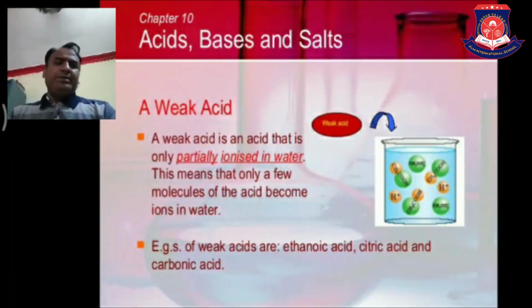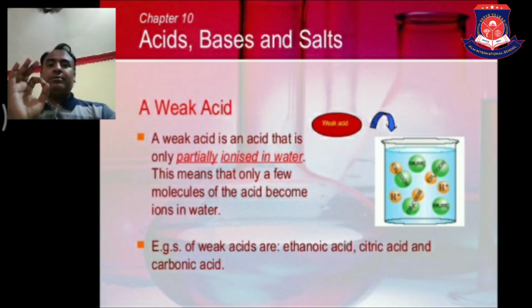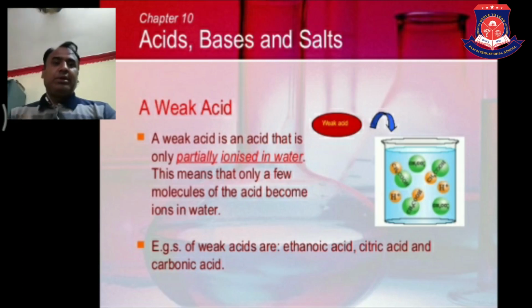Now, a weak acid is partially ionized. The difference between strong acid and weak acid is that a strong acid can easily dissociate into ions, like HCl, H2SO4, HNO3. They completely dissociate into ions.